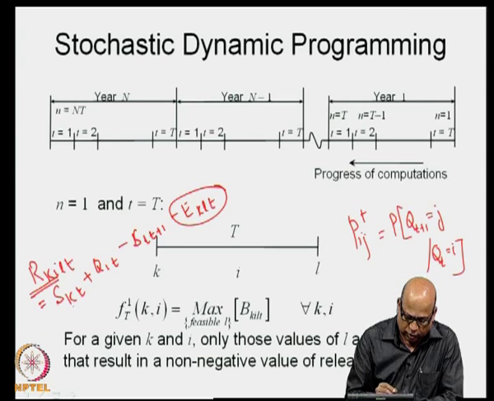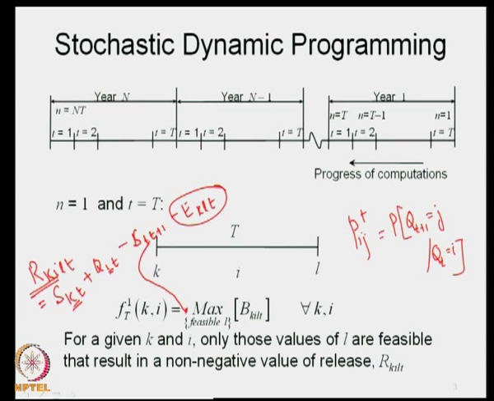We are making search for a given k and a given I in period t. We are searching over the possible values of L. Now, when we put a particular value of L, it is possible that the R(k,I,L,t) may turn out to be negative and that L becomes infeasible.